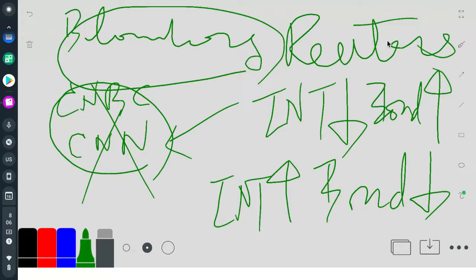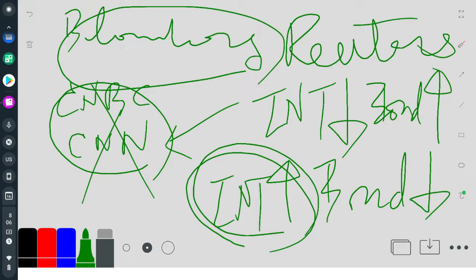To a layperson who doesn't know anything about economics, interest rate going up sounds like a good economy, doesn't it? Because if you put your money in the bank and interest rate goes up, that sounds like a good thing. That must be a good economy.